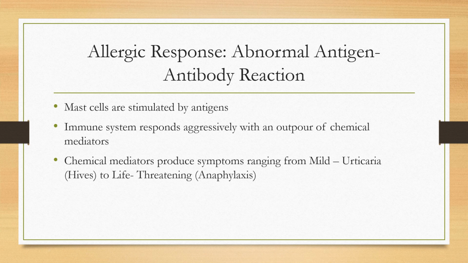Chemical mediators will then produce symptoms ranging from mild, which is urticaria, which is again a fancy name for hives, or life-threatening anaphylaxis. So the further we get into this reaction will determine how severe the reaction is for your client.